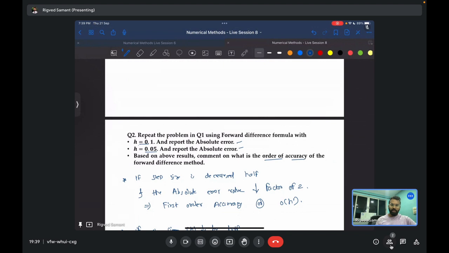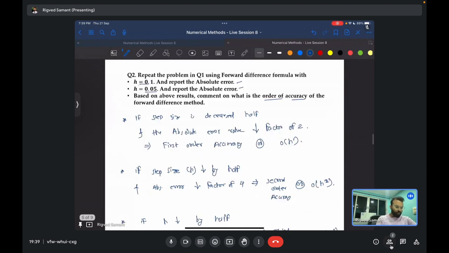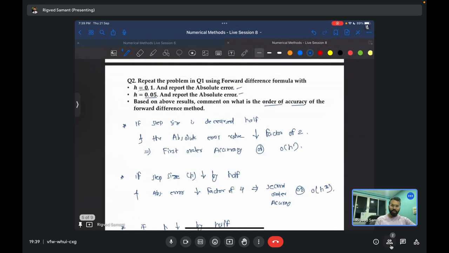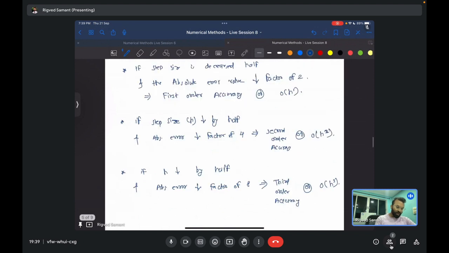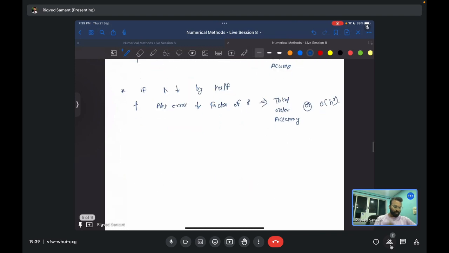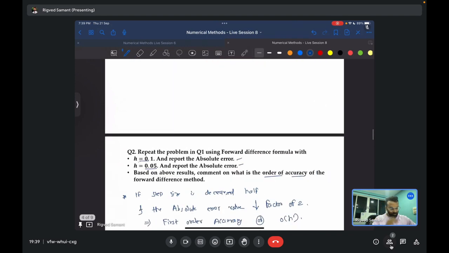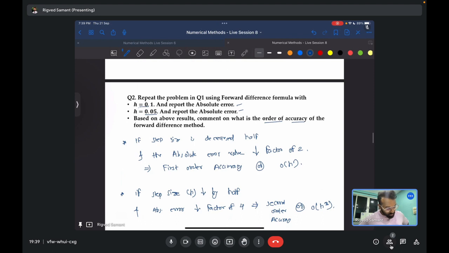If the error is also decreasing by a factor of 2, then it is a first order accuracy. If it's decreasing by a factor of 4, it is a second order accuracy, and if it's decreasing by a factor of 8 with each step, then it's a third order accuracy. So we'll use the forward difference formula in both the cases.